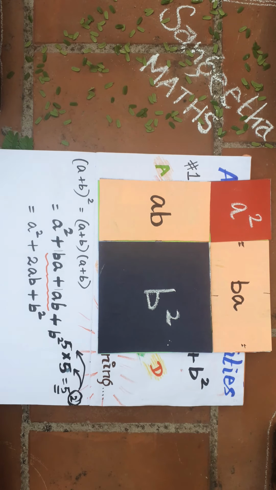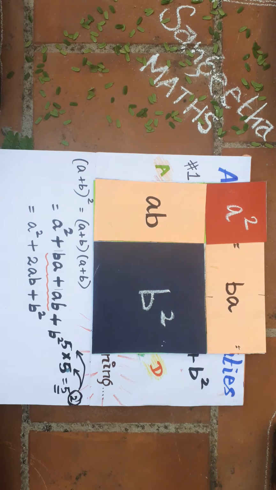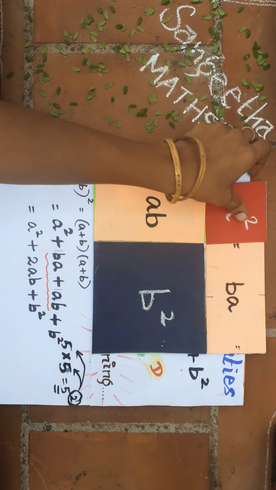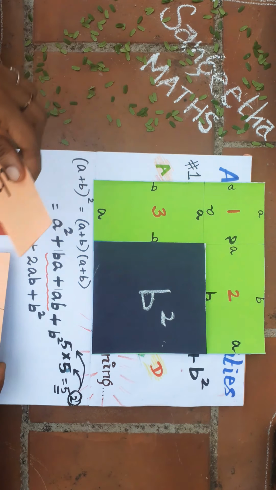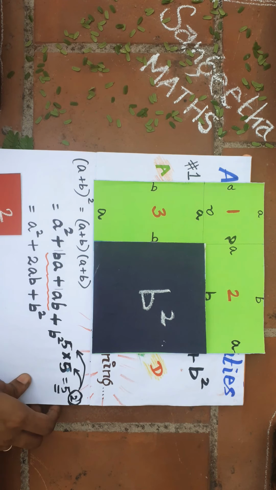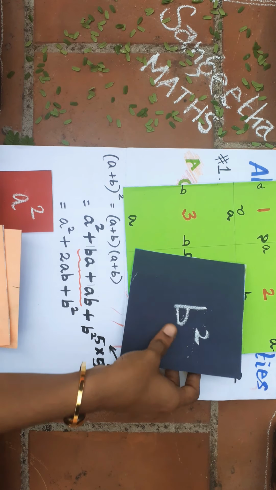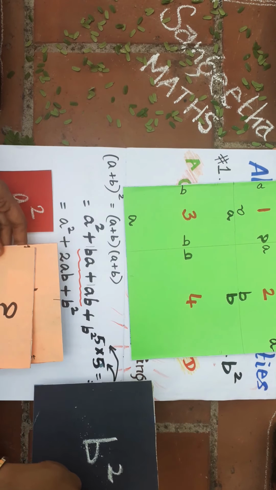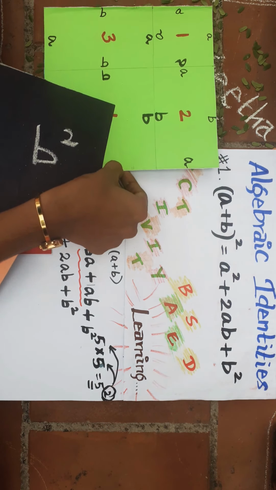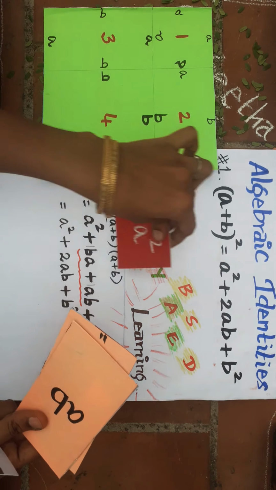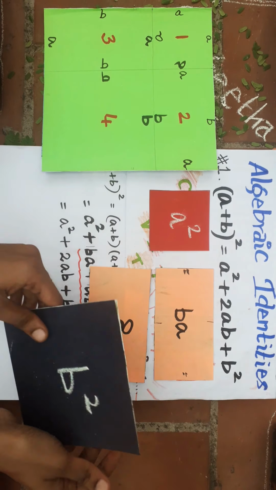This we say to be a geometrical representation. What we saw now is a geometrical representation of identity 1. You can see A square, and this is 2AB, and B square is this. So this whole thing is nothing but A square and this and this.